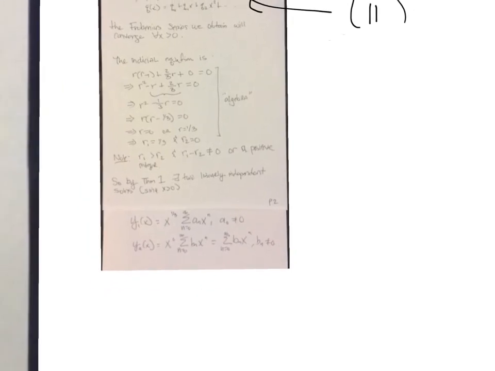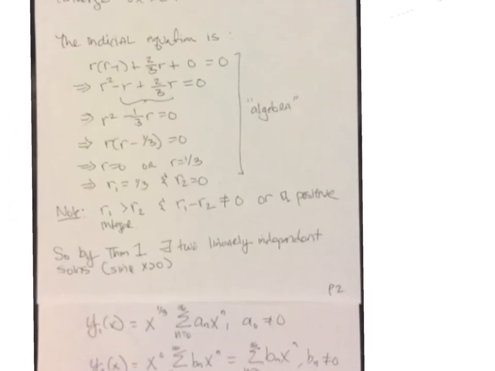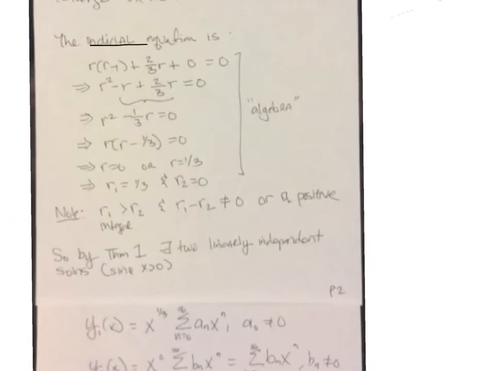So now we know that the Frobenius series we obtain will converge for all positive x. That's what that means. And so our initial equation, we have our P naught and our Q naught. This was our P naught and Q naught. And then this is just algebra, just a quadratic equation.